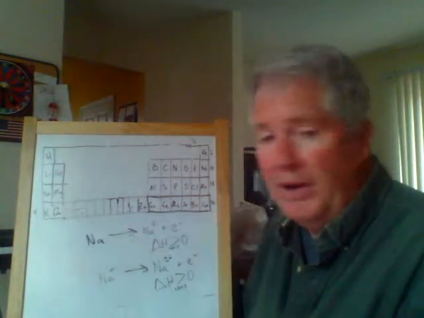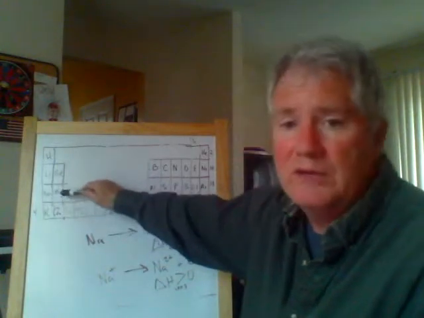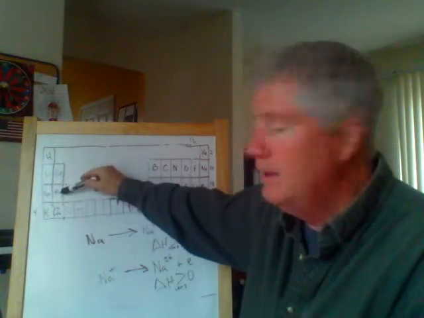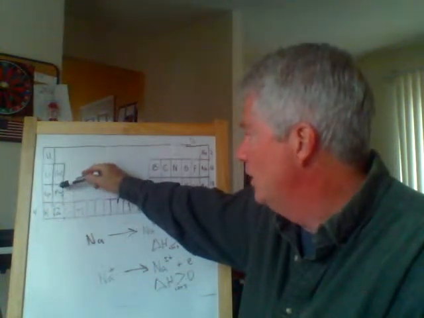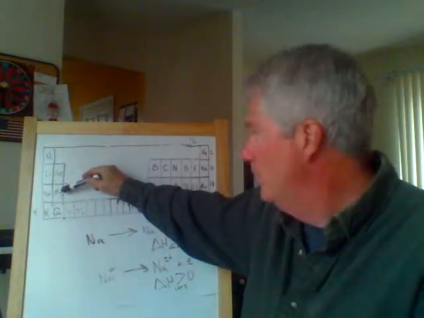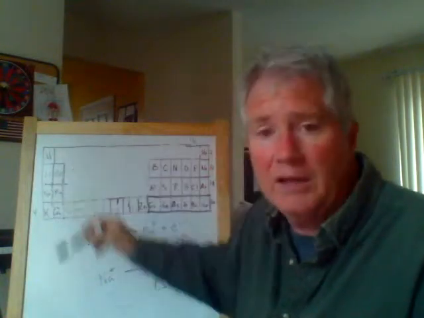Now, compare that to magnesium. Magnesium has 2 electrons in its outer shell, so the 3s orbital is completely filled. Getting rid of one electron would take it to 3s half filled, an electron symmetry kind of like sodium.